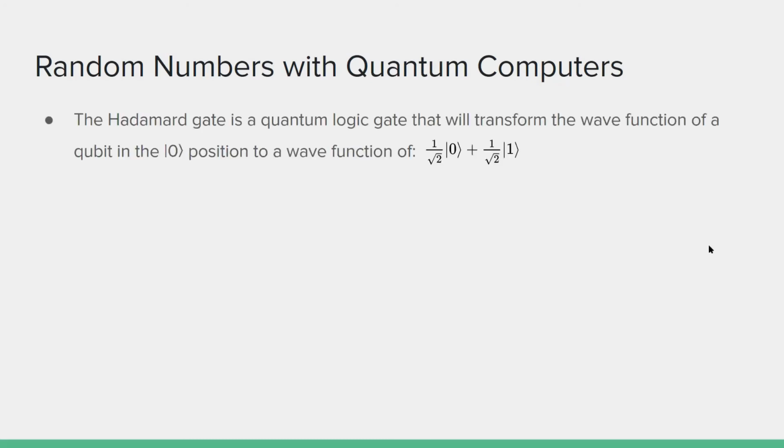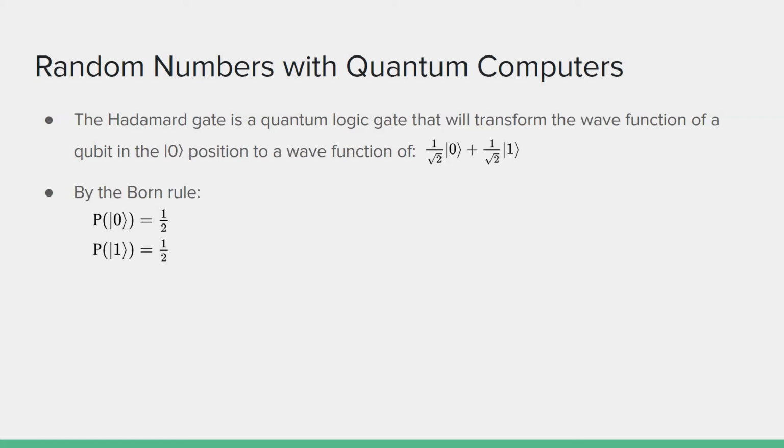So how exactly do we use quantum computers to generate random numbers? Well, quantum computers use logic gates just like classical computers, except these are quantum logic gates. And one in particular, the Hadamard gate, will transform a qubit in the state 0 to a wave function of 1 over root 2 times 0 plus 1. What that means is that when observed, you will get a 1/2 probability of observing a 0 and a 1/2 probability of observing a 1.